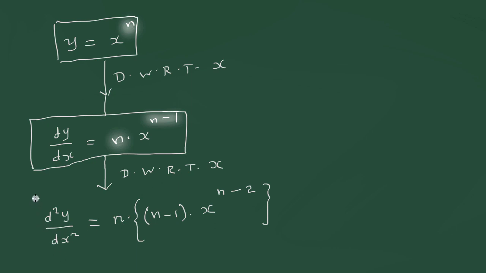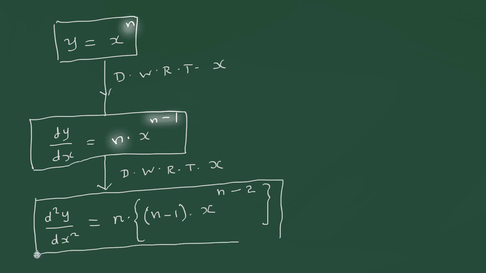You need to know only this much mathematics for solving the problem. Probably you already know the rules for differentiation, but I am telling you that you need only this formula. X to the power n will give you n into x to the power n minus 1, and any constant, if it is present, will come out. In fact, you should remember that there is an into 1 here: 1 into x to the power n.